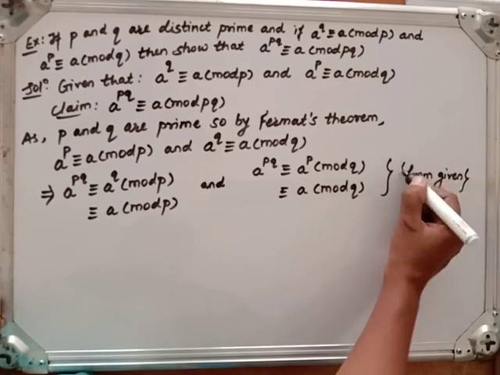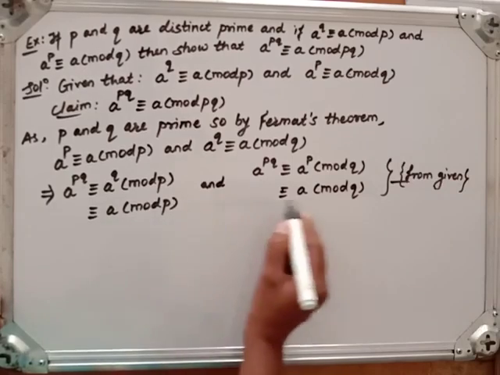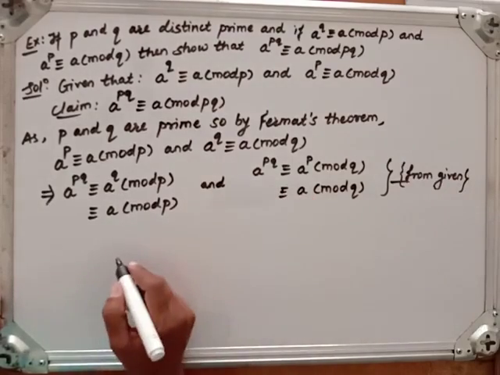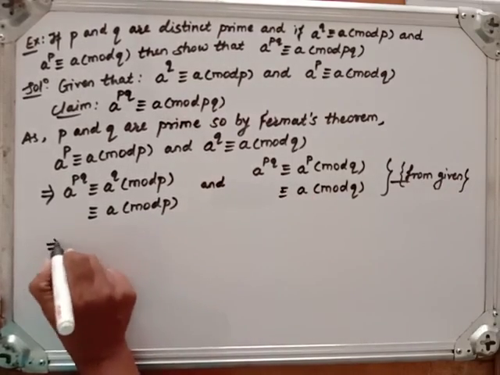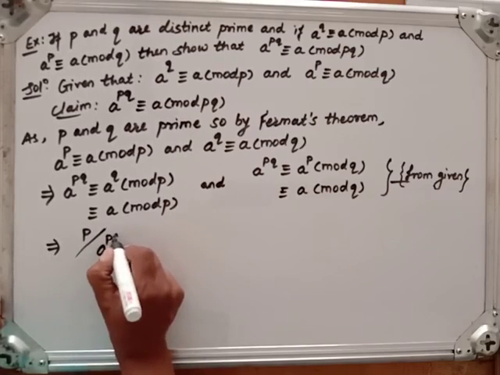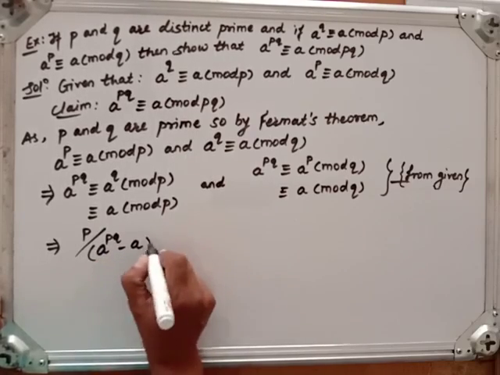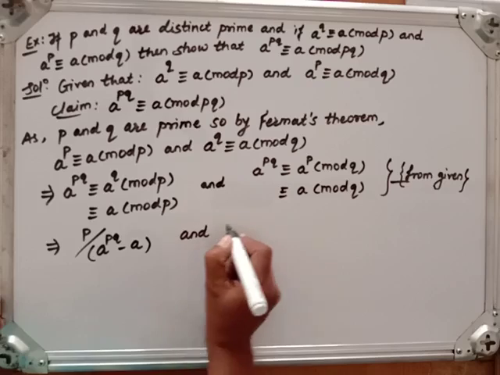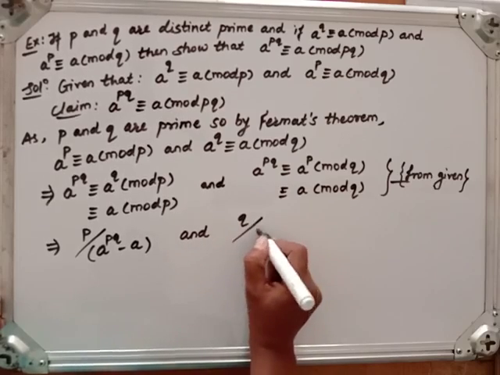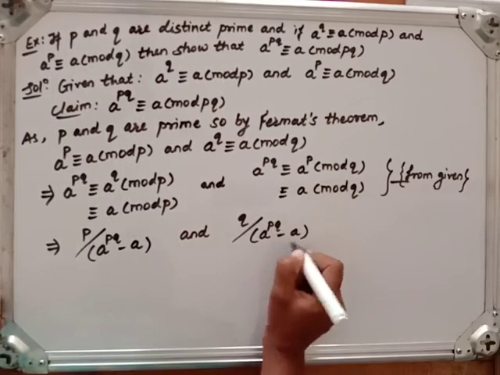Okay, this is the reason for that. Now a raised to pq is congruent to a modulo p, and a raised to pq is congruent to a modulo q. So what does this say? p divides a raised to pq minus a, and q also divides a raised to pq minus a.